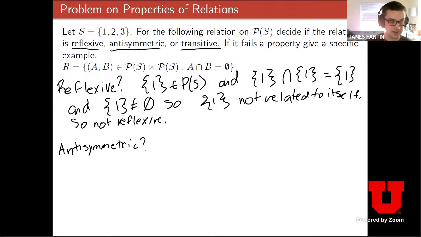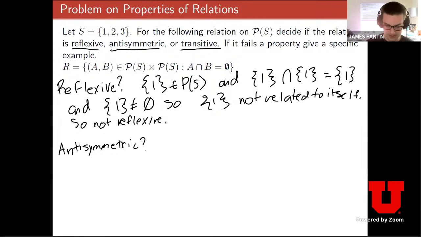That's the right idea, but make sure you remember that symmetric and antisymmetric are not opposites of each other. You can have some relations that are both not antisymmetric and not symmetric. So make sure when you're saying something's not antisymmetric that you remember that. But yeah, you're right. It's not antisymmetric.